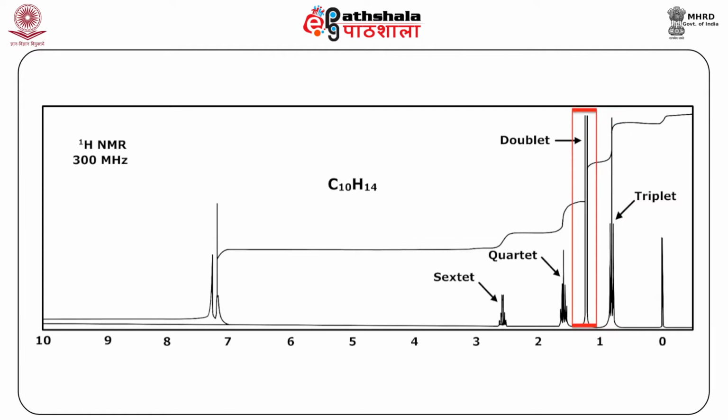A doublet of 3 protons indicates the presence of a CH3 linked to a CH group, and a quartet for 2 protons indicates the presence of a CH and a CH2 group on either side of CH2. A sextet for 1 proton indicates the linkage of a CH3 and a CH2 group on either side of a CH, a carbon which bears only 1 proton.